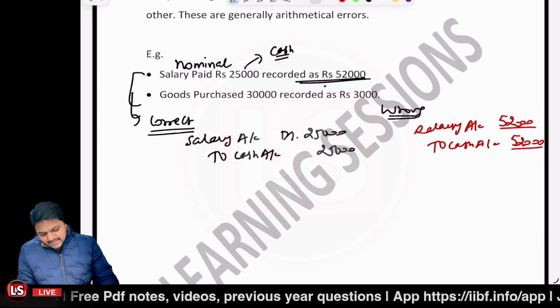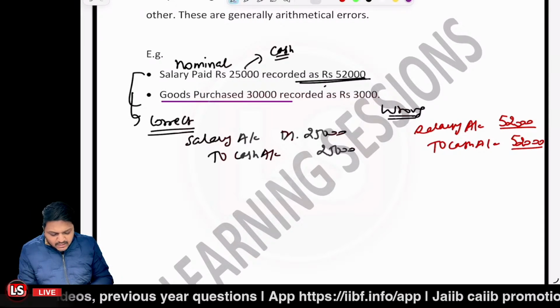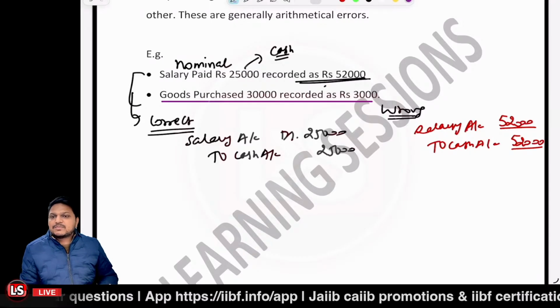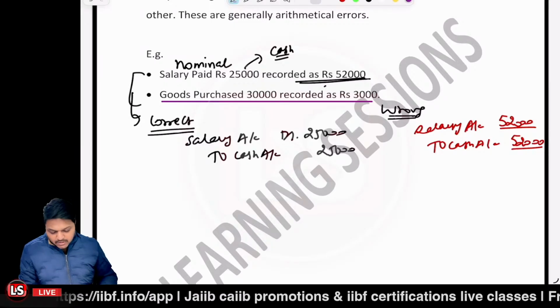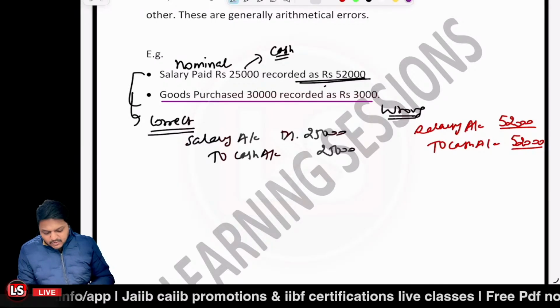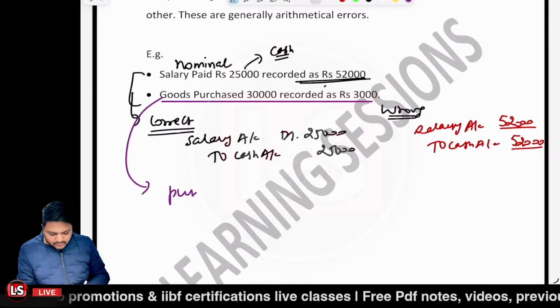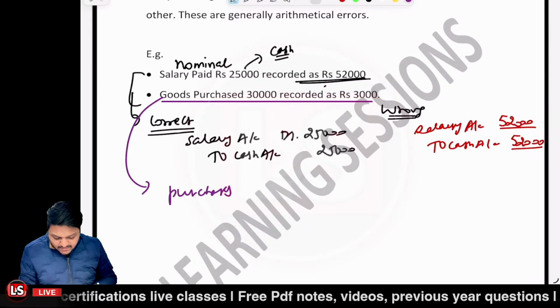Further, the second entry says goods purchased rupees 30,000 recorded as rupees 3,000. You have purchased the goods for rupees 30,000. Now goods purchase is what? It's a nominal account. Purchases account, we can say, is a nominal account, and this is an expense.